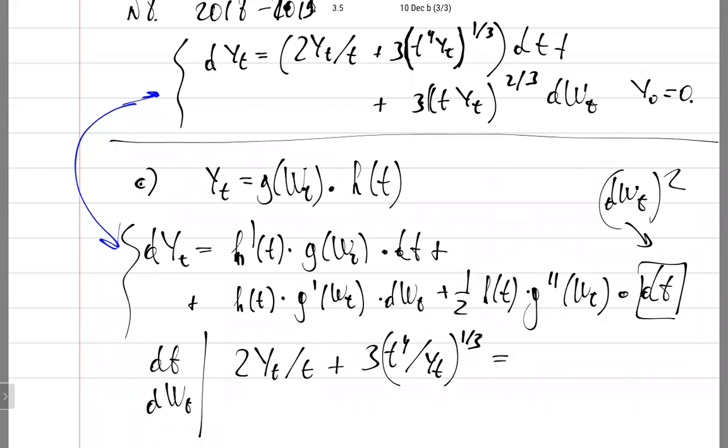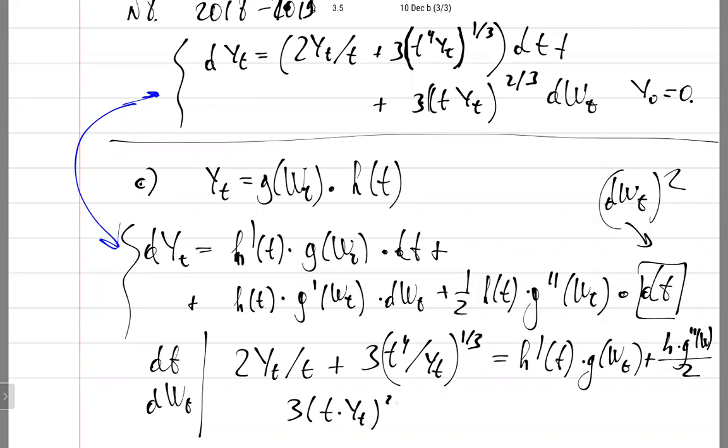And in my derived expression it is h prime of t times g of wt plus h times g prime prime of w divided by 2. Before dw in the original expression, it's like this. In my equation, it's h of t g prime of wt.